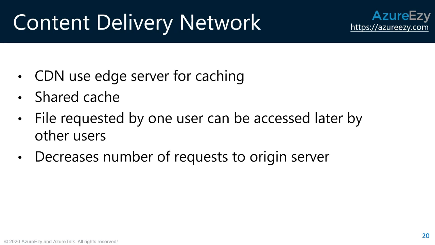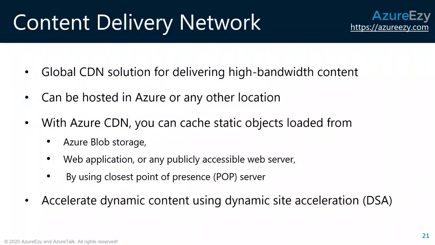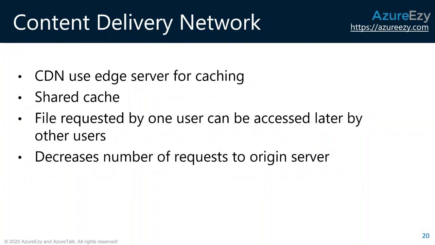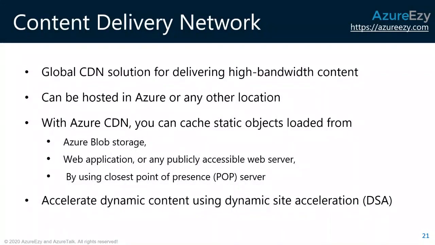Again, it will decrease the number of requests sent to the original server. So it will decrease the number of counts to the server. Then, moving ahead to discuss something more about this content delivery network, CDN is actually a global CDN solution.